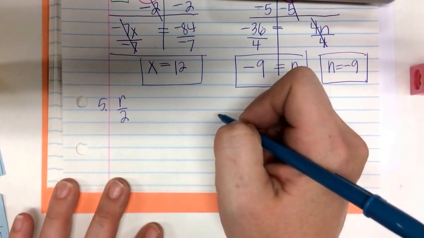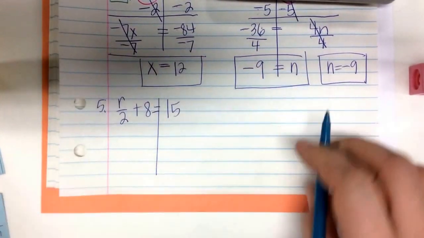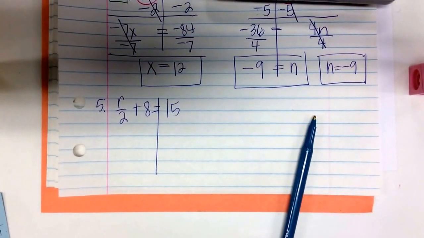R divided by 2 plus 8 equals 15. R over 2 plus 8 equals 15. Try it.